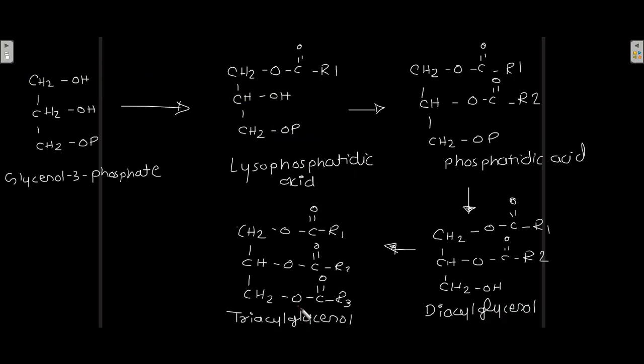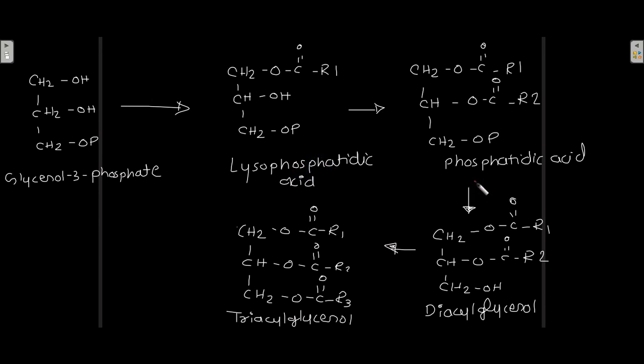So this is how the biosynthesis of triacylglycerol looks like. You start with glycerol 3-phosphate, and on that glycerol 3-phosphate acyltransferase enzyme acts and lysophosphatidic acid is produced. On this, acylglycerophosphate acyltransferase enzyme acts, and phosphatidic acid is produced.